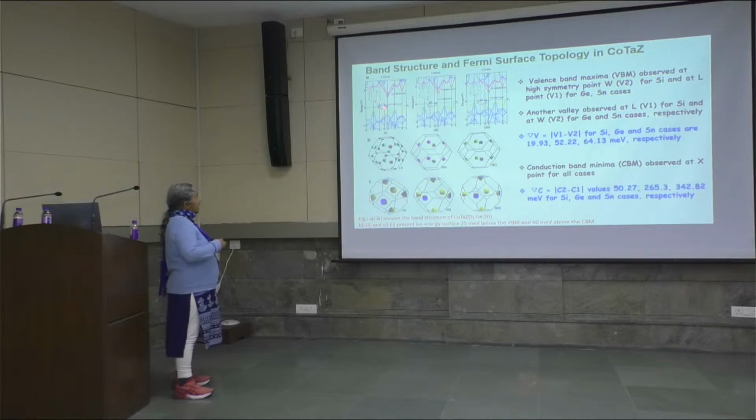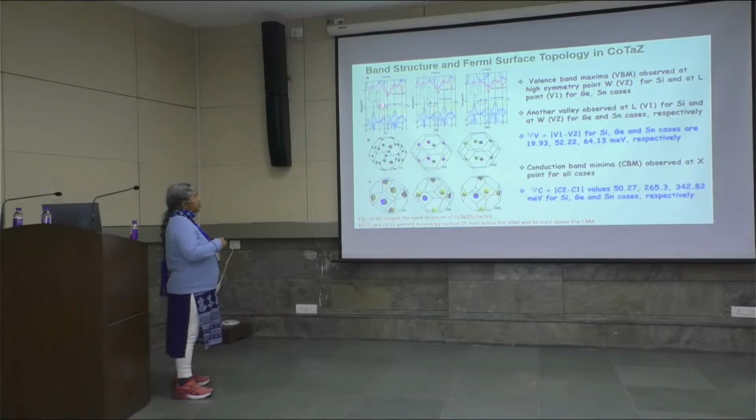It is shown in the inset in a zoomed view, and these are the conduction bands. These are slightly higher, and these are the two valence band maxima. In all the cases, they are very close to the Fermi level. The differences between these two are listed here.